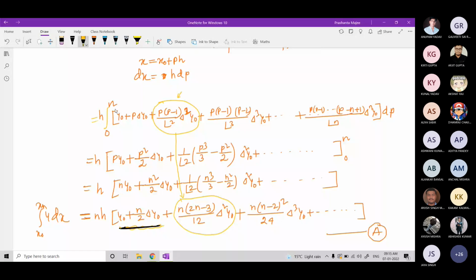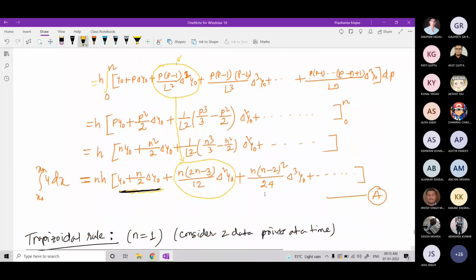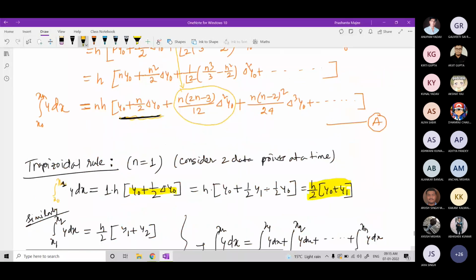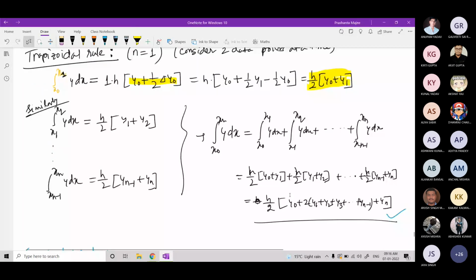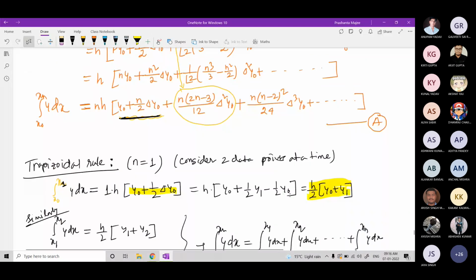Okay, so if you consider 3 data points at a time, then what will be the integration? What will be the integral from x0 to x2 of y dx? You tell me. nh into these two parts for the trapezoidal, and these 3 for Simpson's 1/3.